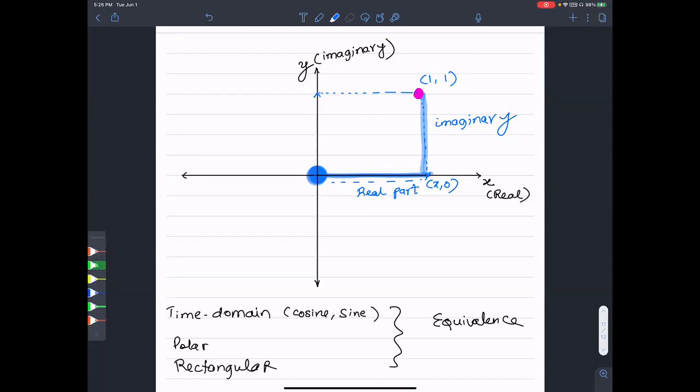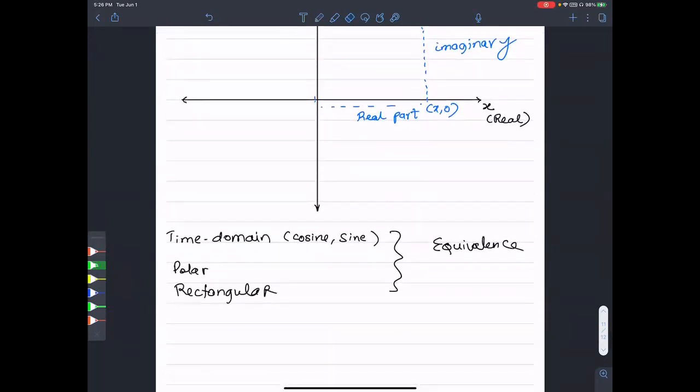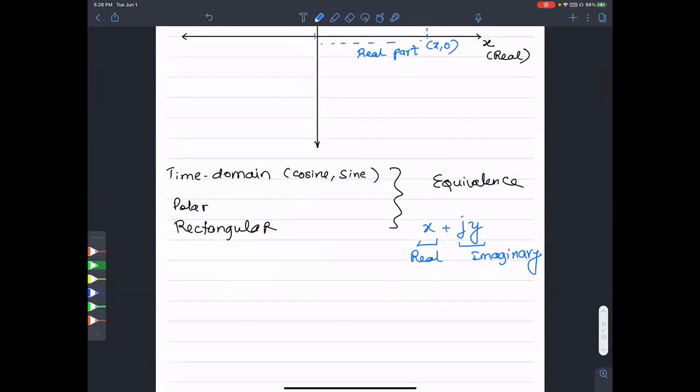Because Kara is trying to reach that pink spot, right? So one way for her to reach would be you can give her directions in terms of the x-axis and the y-axis. That's the rectangular form. Okay, if I have to represent that, it will be x plus jy. Okay, jy meaning imaginary axis and the real axis. Okay, so that's the idea.